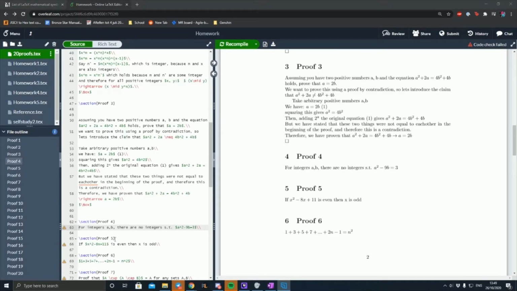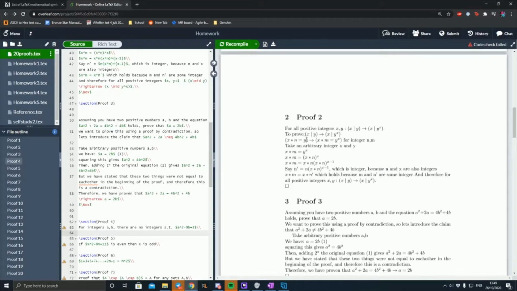Sure. I was just quickly wondering about proof 2. There's one step where you do x times n equals x times n, and then something in braces. But in the next step, you say that n prime is x times n. On the right side, where does the x times n go?